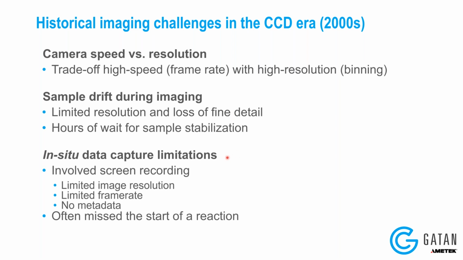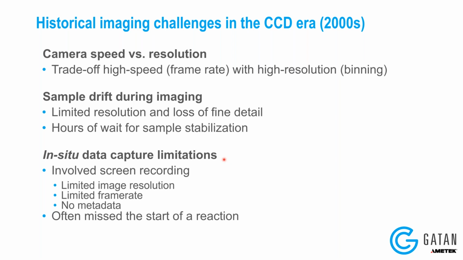And then, of course, if you wanted to do anything in situ related at all, slow speed was not good. You couldn't read out information at the speeds required to capture the dynamic reactions going on in your experiments many times.